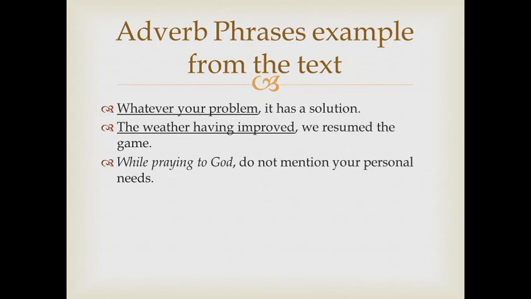Whatever your problem, it has a solution. The weather having improved, we resumed the game. While praying to God, do not mention your personal needs. While praying to God, this italicized portion, is the adverb phrase in that sentence. All these examples have different functions and different types of adverbial phrases are used there.